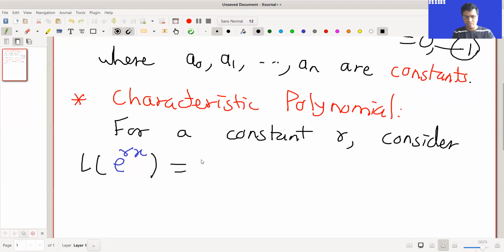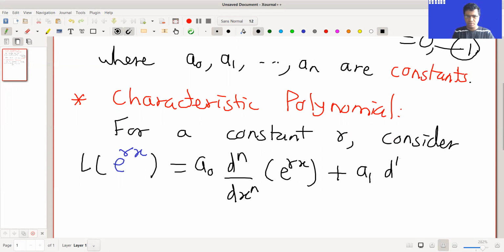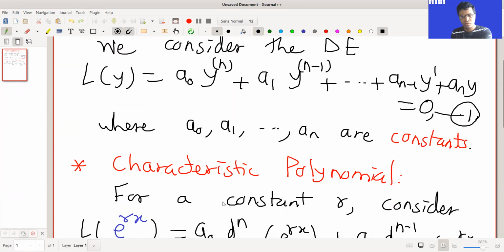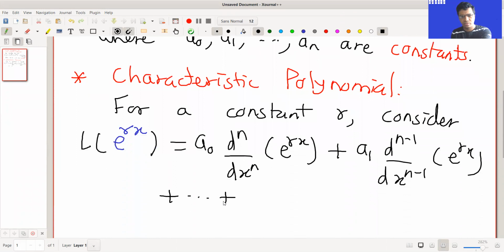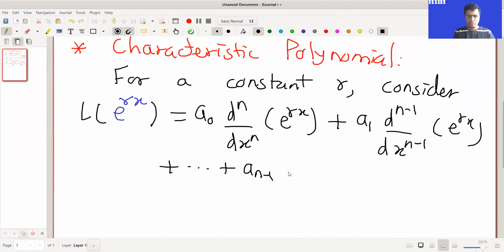So L of e raised to rx is a0 into the nth derivative of e raised to rx plus a1 into the (n minus 1) order derivative of e raised to rx, and so on, plus a(n minus 1) into d by dx of e raised to rx plus an e raised to rx.